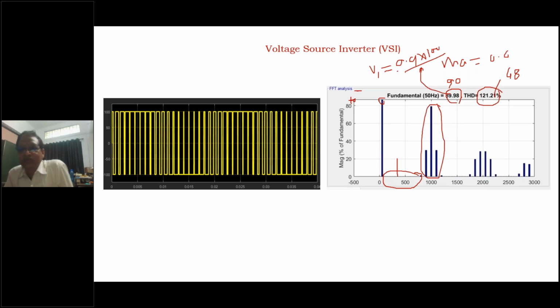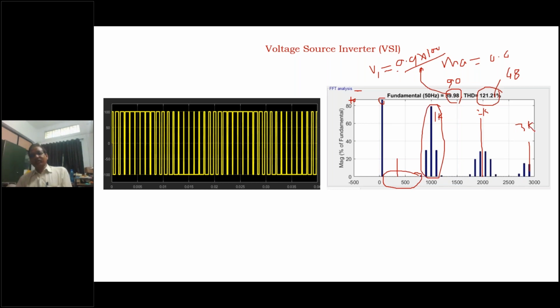See, the switching frequency is 1 kilohertz, so you will get harmonics at 1 kilohertz. At 2K there are no harmonics. At 3K there are harmonics. So where will you get the harmonics?